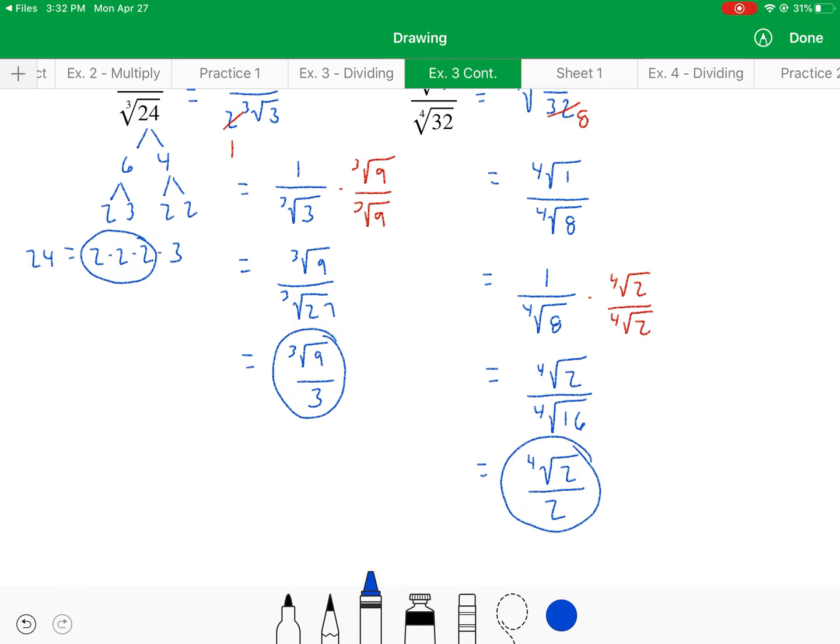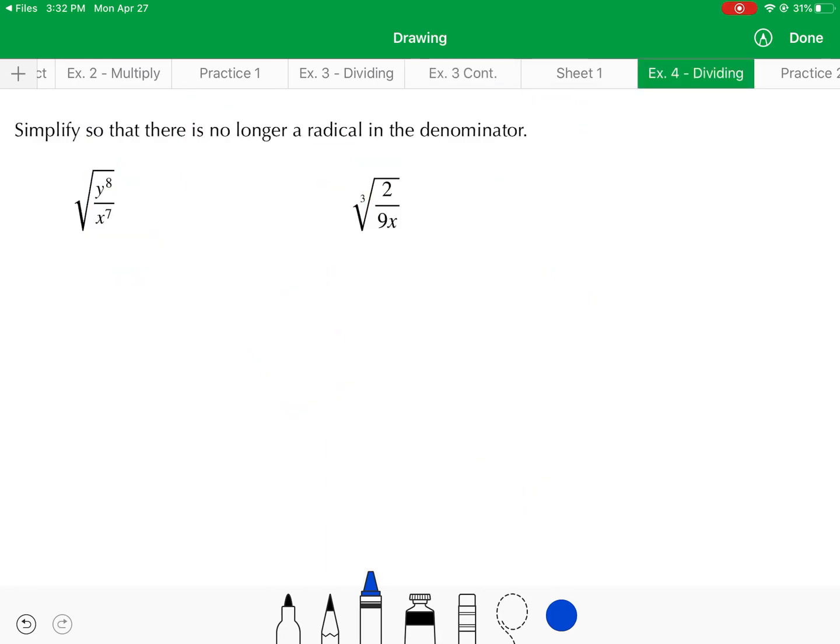Okay, now let's look at a couple problems where we have some variables within the radicals. Here I'm going to simplify so there's no longer a radical in the denominator again. I can approach this very similar to how I did the previous couple examples. So square root of y to the 8th divided by x to the 7th. First I'll break that up: square root of y to the 8th divided by square root of x to the 7th.